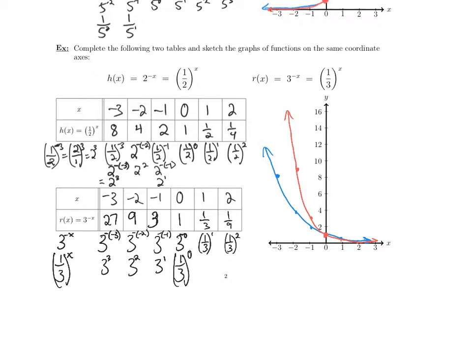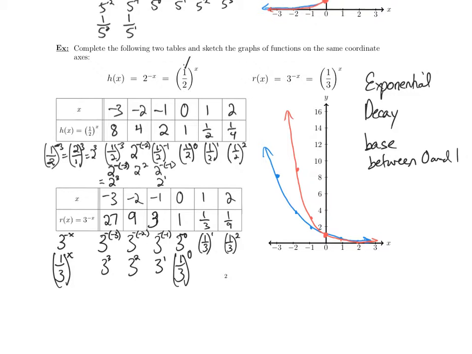And so we'll see that this is exponential decay. And this happens when we have a base that is between 0 and 1.